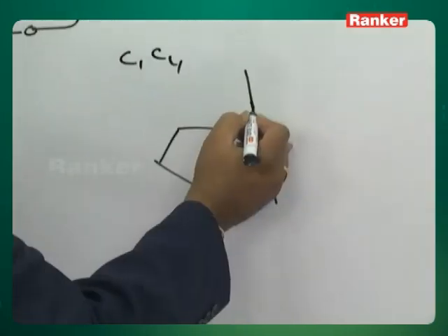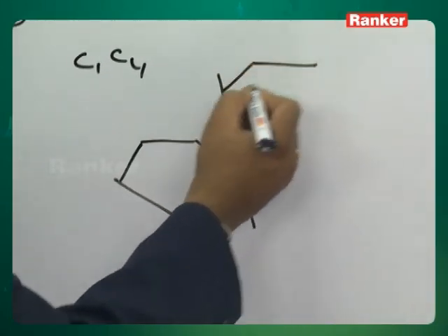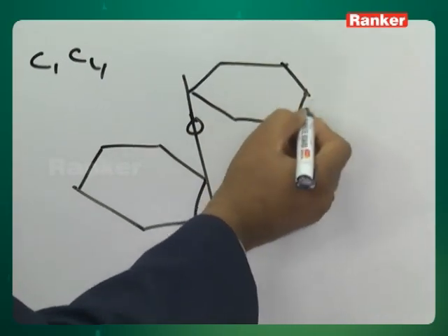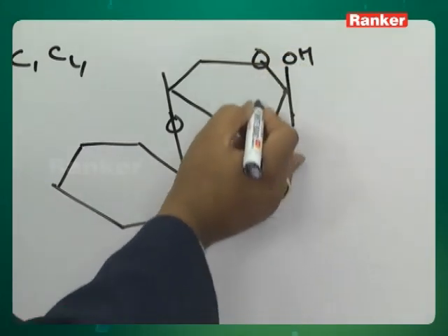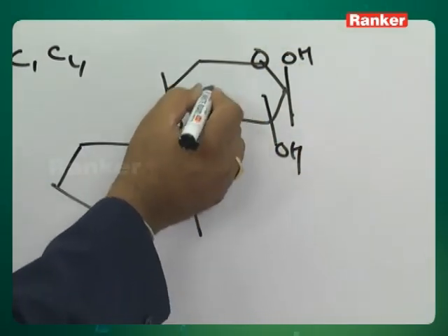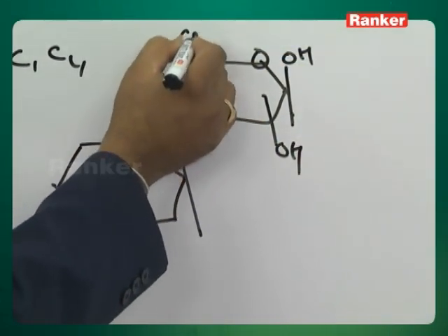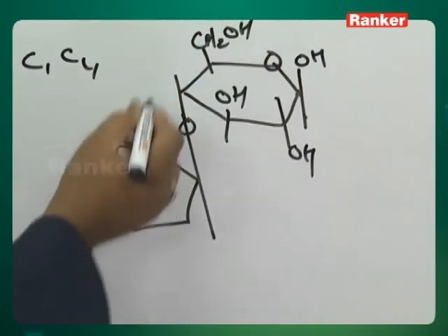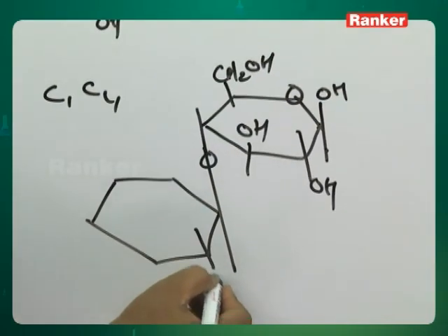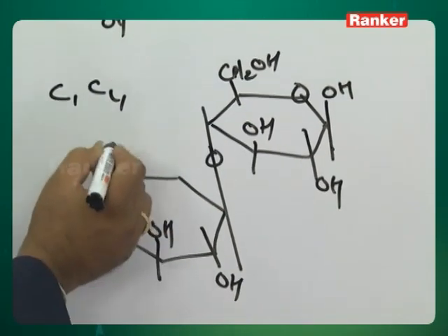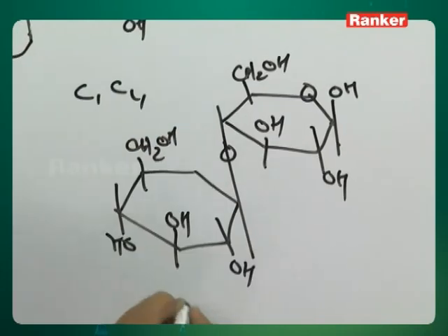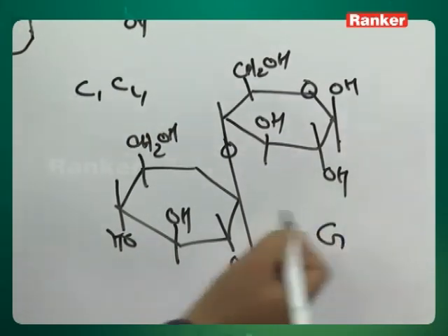If you take only two molecules, let us write it like this. This is an OH, the fourth one is down, the fifth one is CH2OH. It's a dimer actually, the cellobiose structure. Now this is one glucose unit, and this is another glucose unit.